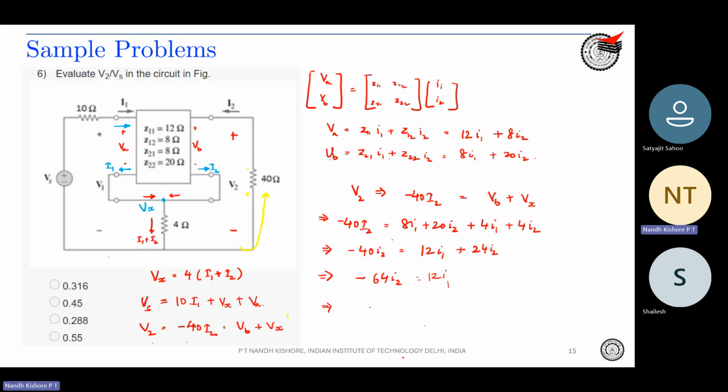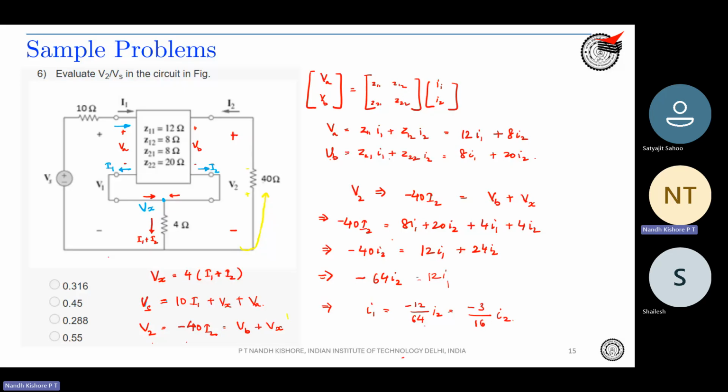So what you get is I1 is equal to minus 12 by 64 I2, or 4 would be 3 times over here and 16 times over here. So is this fine?